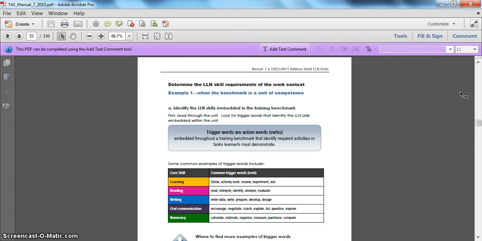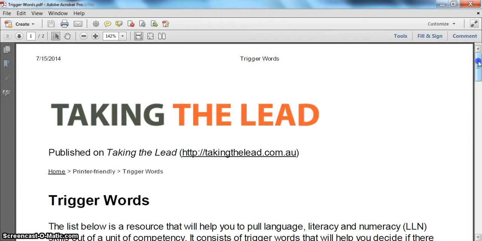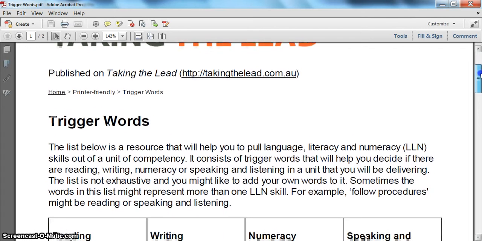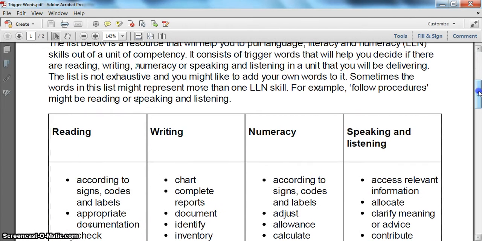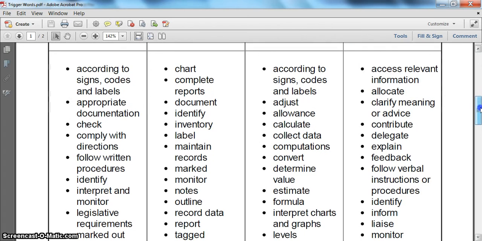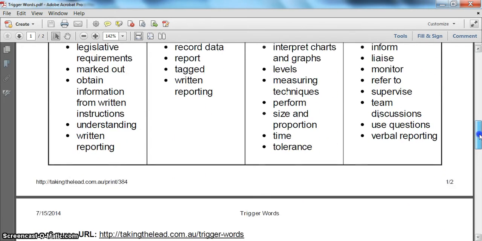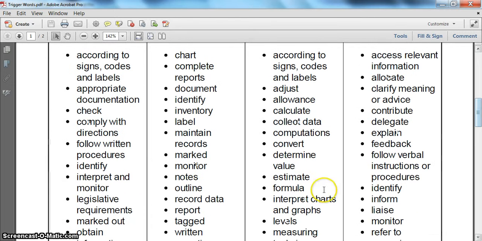In numeracy, we're going to be looking for words like calculate, estimate, measure, compare. There's also a comprehensive list of trigger words at Taking the Lead, the website that provides some LLN support resources, and it has quite a comprehensive list of the trigger words that indicate the different core skills.